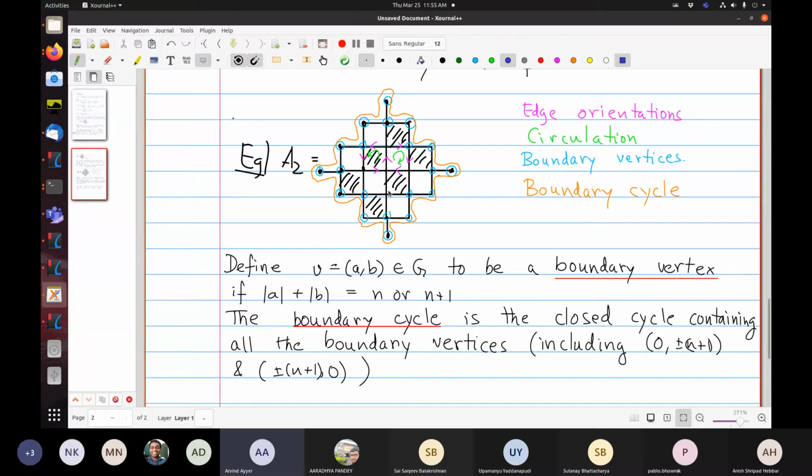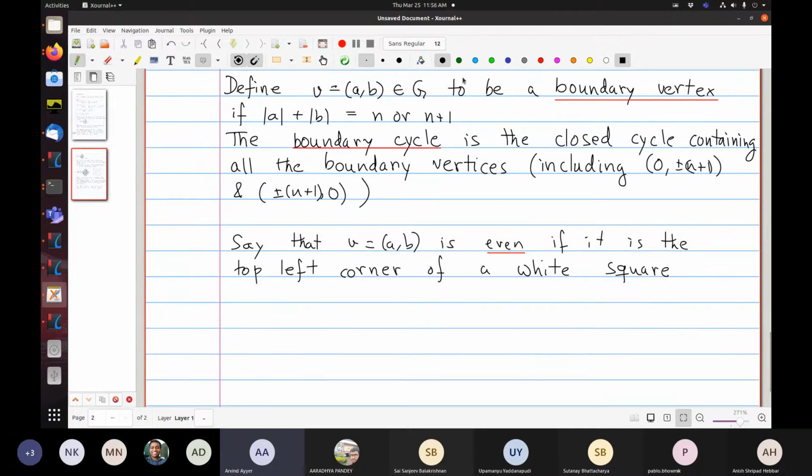Take a white square, look at its top left corner: this is even, this is even, these are even. That is, A plus B plus n plus 1 is even.